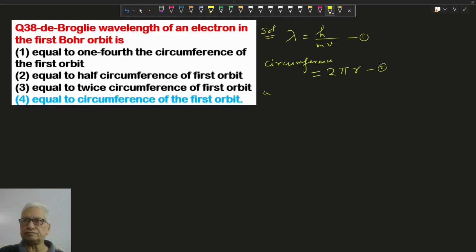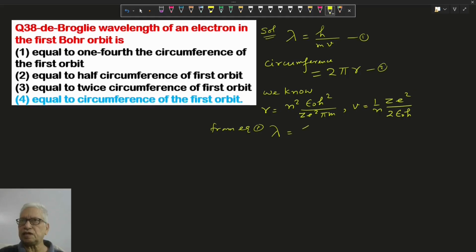Now we know the formula of radius, n squared epsilon naught h squared upon pi m z e squared, and the speed is 1 by n, z e squared upon 2 epsilon naught h. Now put the value of v in equation 1. So lambda equals h upon mv, which means z e squared upon n epsilon naught h.